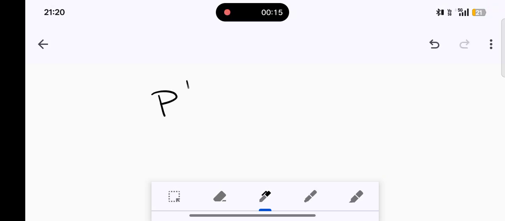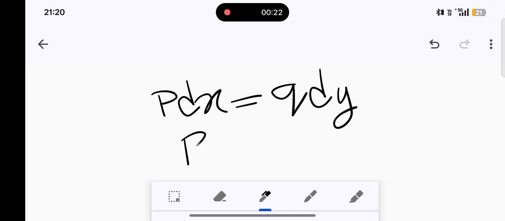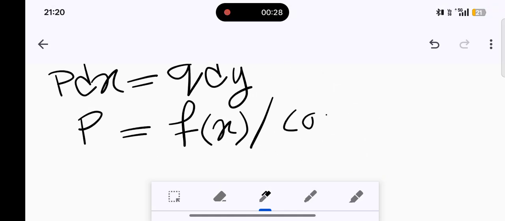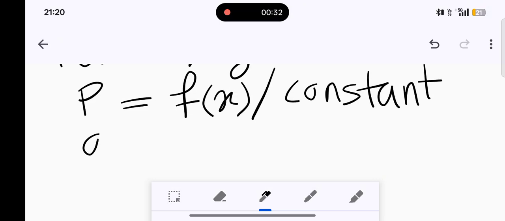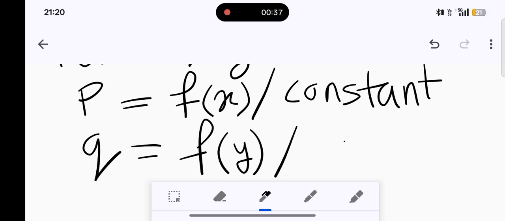The format of the variable separable method is something like this, where p is a function of x or a constant, and likewise q is a function of y or a constant.